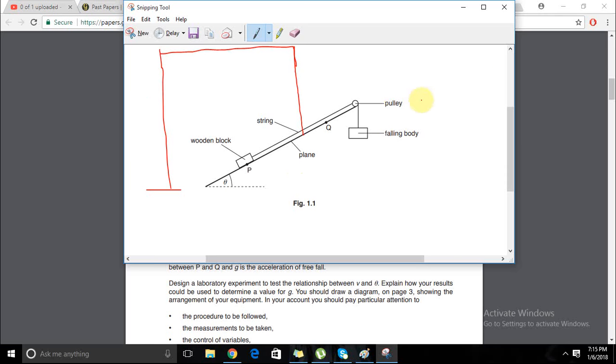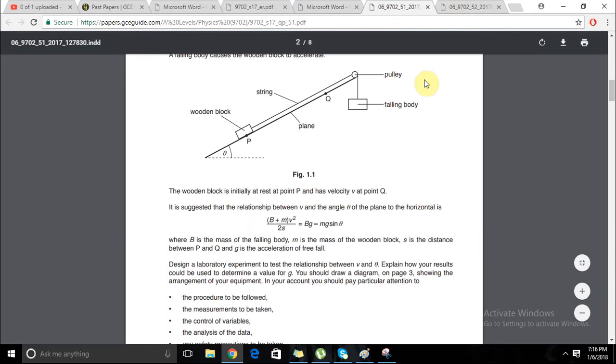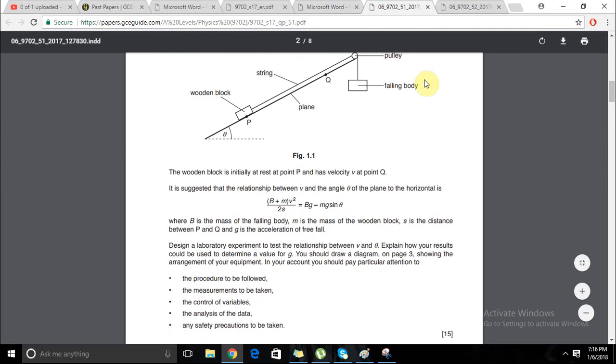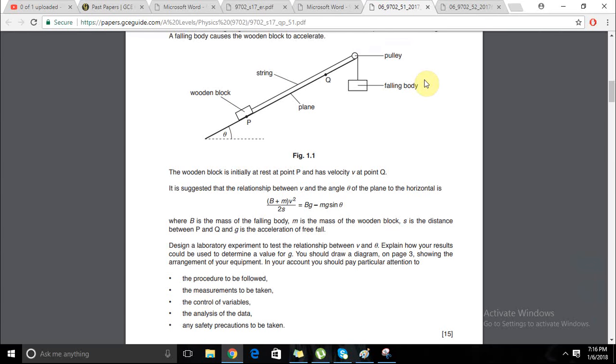And you should probably draw an electronic balance over here, and you need to show that there is a light gate over here connected to a timer, and a protractor over here, and the retort stand, and you need to label at least 2 of these things that I've shown, right? So hopefully you would get values of theta and corresponding values of v, and all of this stuff has been kept constant. And how do you analyze the data?